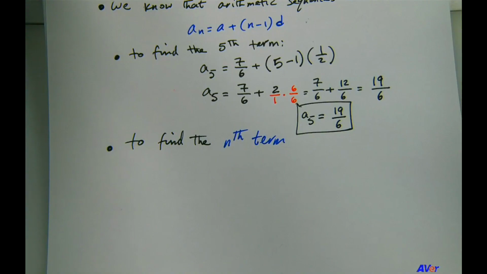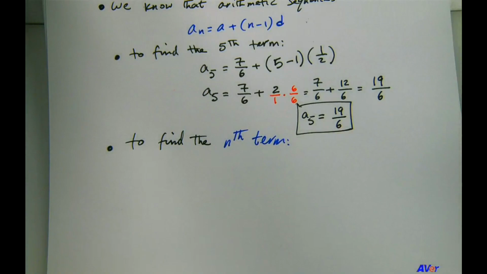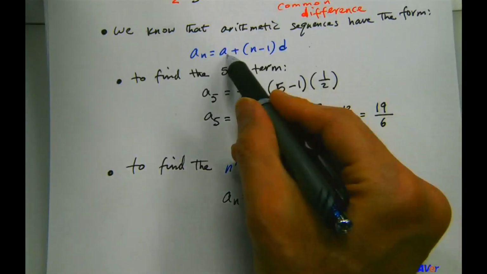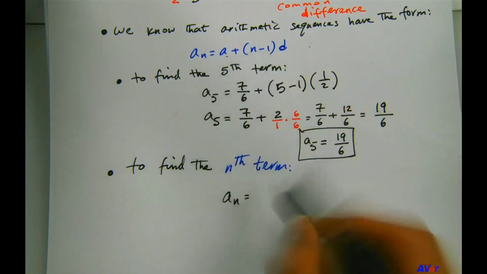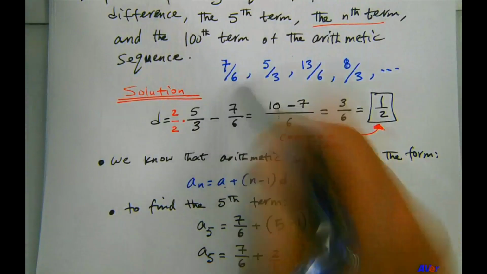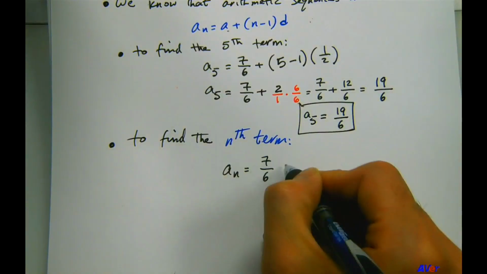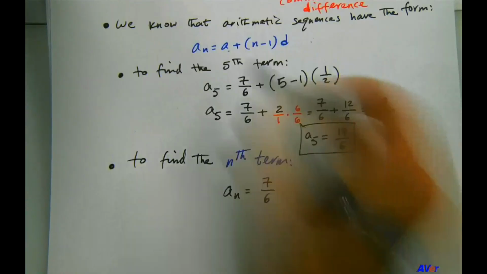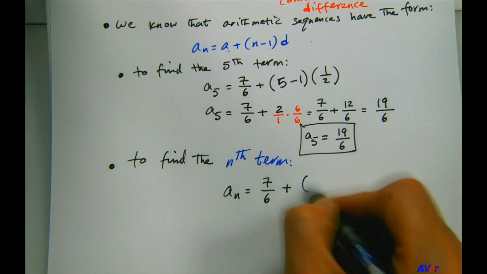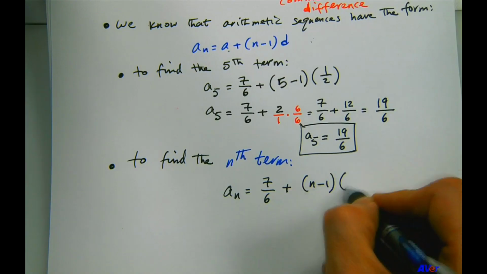So to find the nth term, we have an. I'm just going to use this to help me find the nth term. A is the first term in the sequence in this formula, so that's 7 over 6, and then plus n minus 1, so I'll keep that as n minus 1, times d, which is the common difference, which is 1/2.